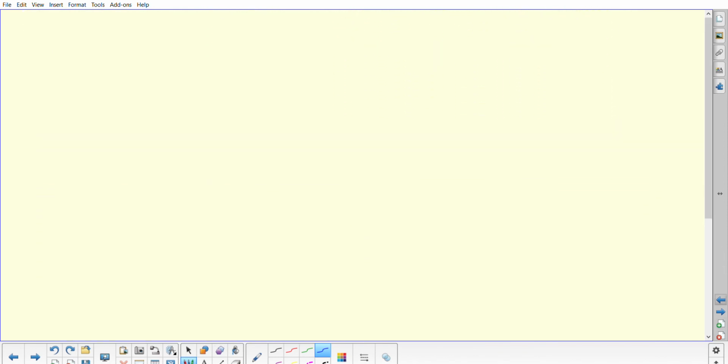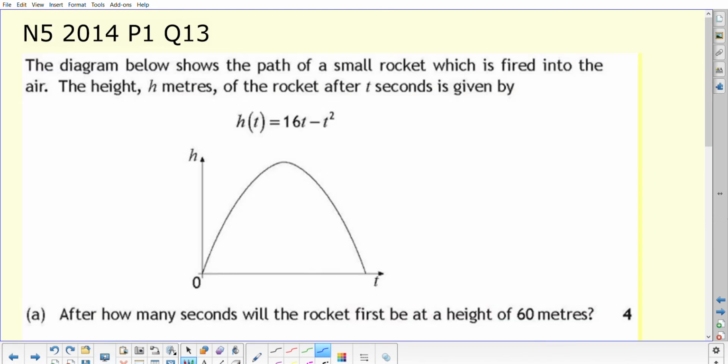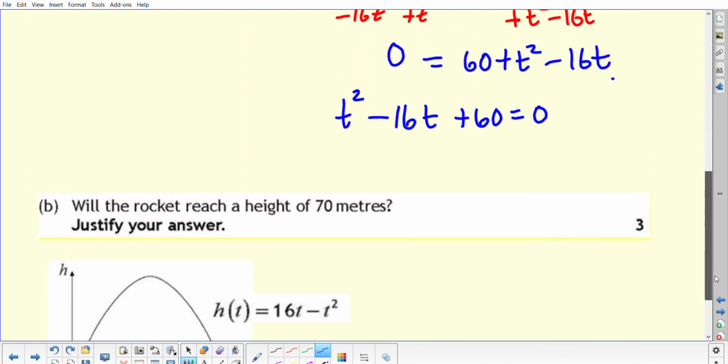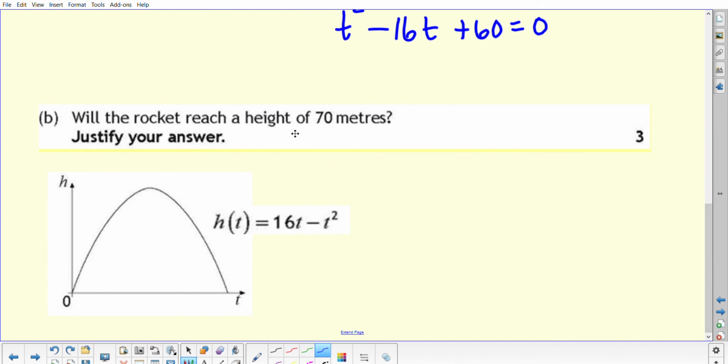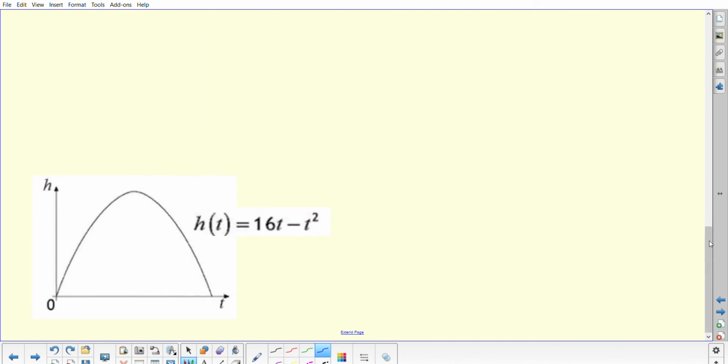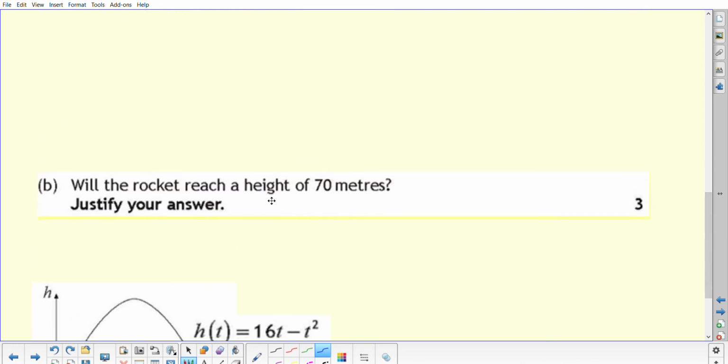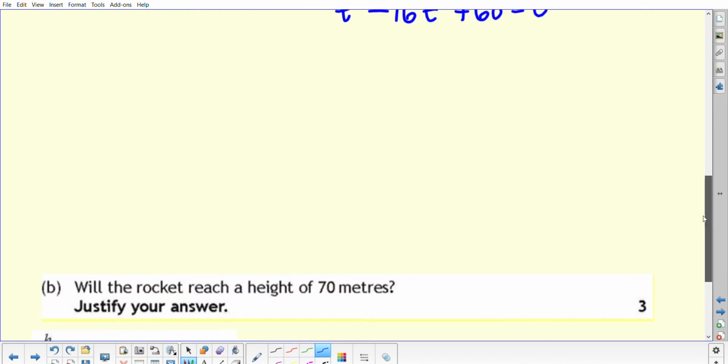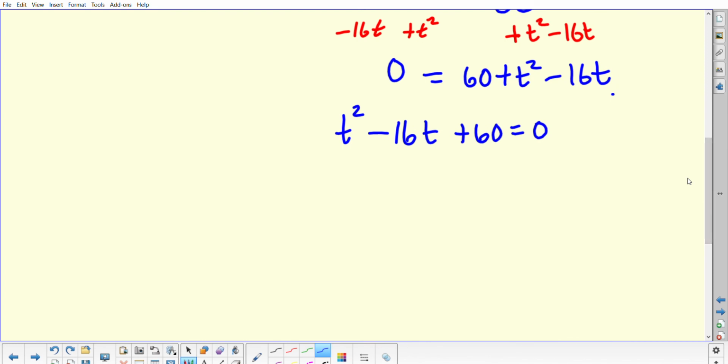So in order to solve that, we're looking to factorise if you can. So here, looking for two numbers that multiply together to give you 60, and when you add them you will get minus 16.